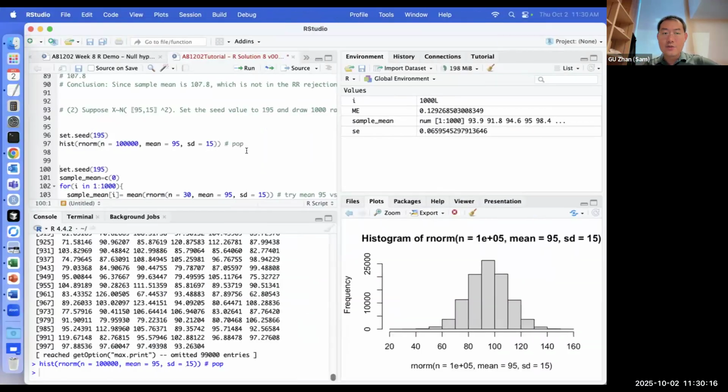Then we are going to draw samples from this population.